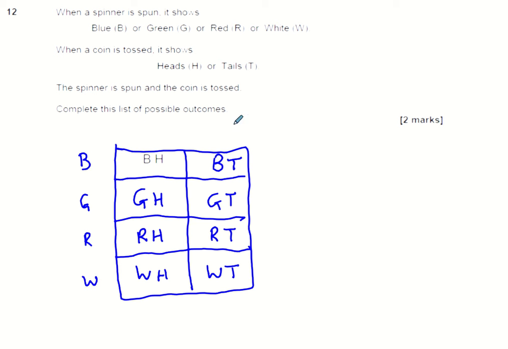And across the top is going to be my coin, in which we could have had heads or tails. And you can see that if we had drawn this table out before writing all the outcomes in, you could see each individual section has a colour and a coin toss. So we can see there are a total of 8 possibilities.